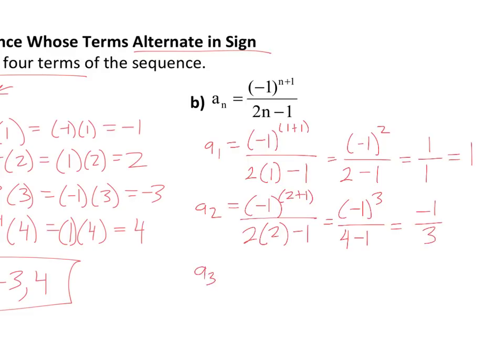I have a sub 3 is equal to negative 1 to the 3 plus 1 power all over 2 times 3 minus 1. So I have negative 1 to the 4th power all over 6 minus 1. So that gives me 1 over 5.